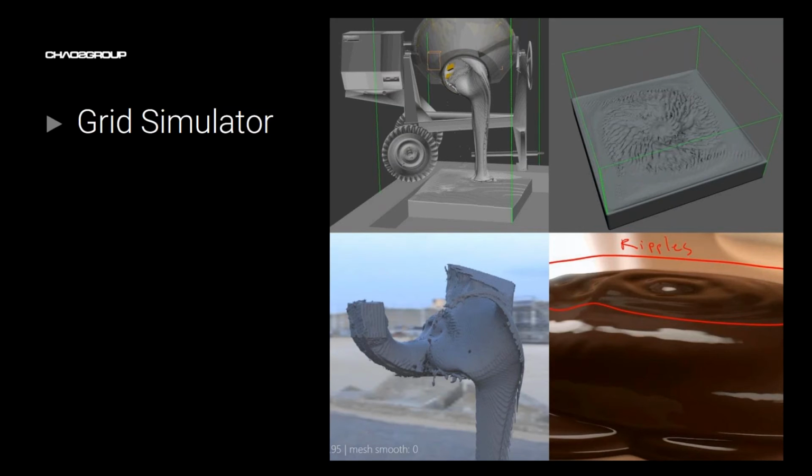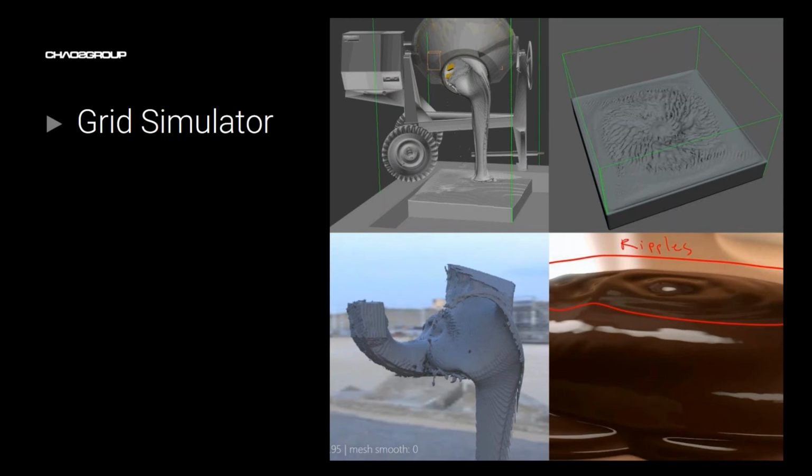This is something unwanted, and to avoid this, we were using smooth modifiers on top of that. The problem with that was that we were losing some of the detail of the simulation.